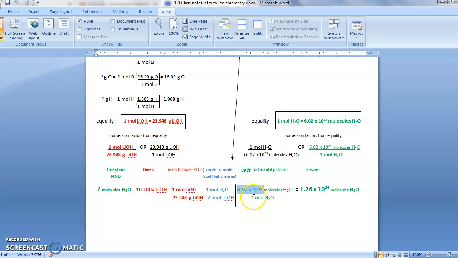It's 6.02 times 10 to the 23rd. This has 3 numbers, so I want to round to 3 numbers there. If I did 6.022, then I could keep another number. I don't know why they did not go 6.022. And that would come out to 1.26 times 10 to the 24th molecules of water.